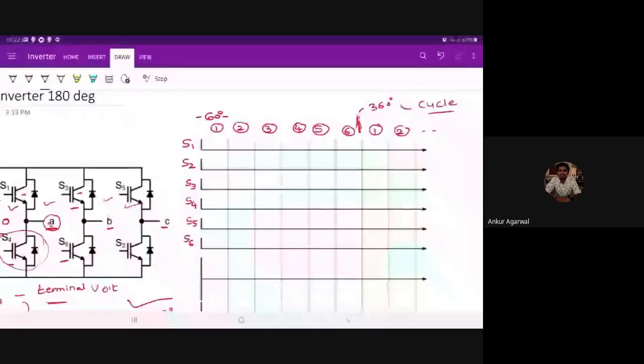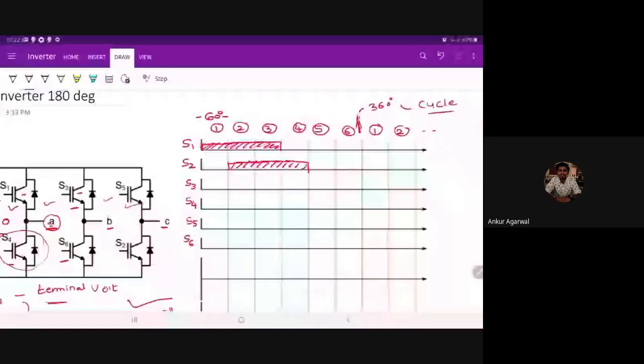So in 180-degree mode, each device will conduct for 180 degrees. That means S1 conducts for 180 degrees, which is 3 blocks, right? Similarly, S2 conducts for another 180 degrees, with a 60-degree gap.